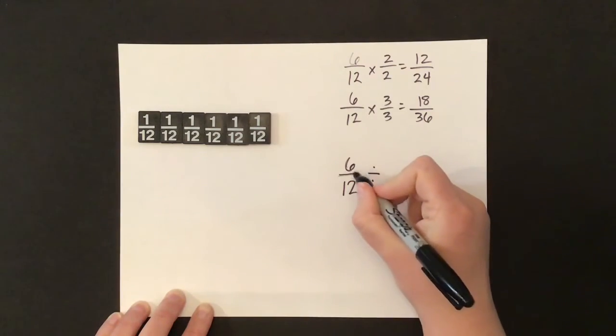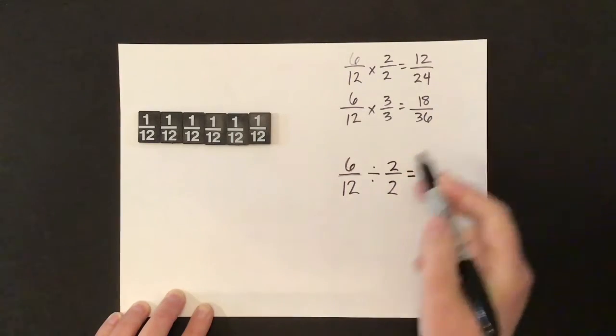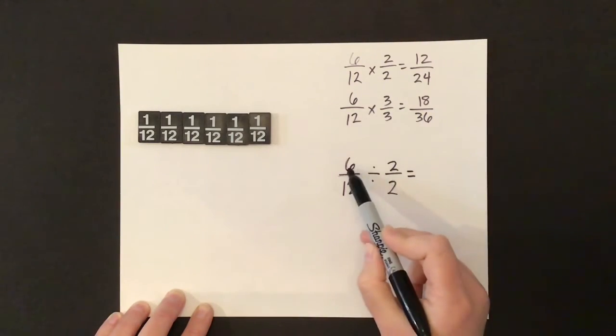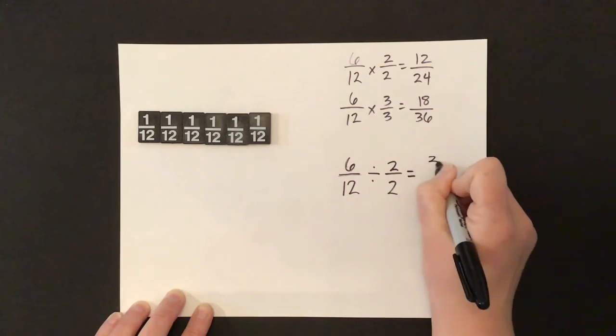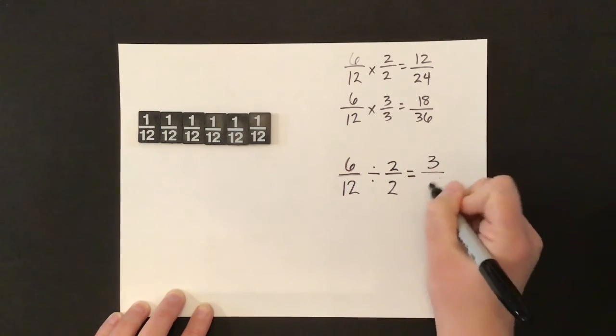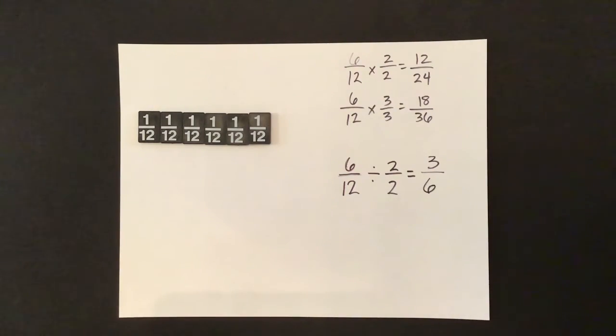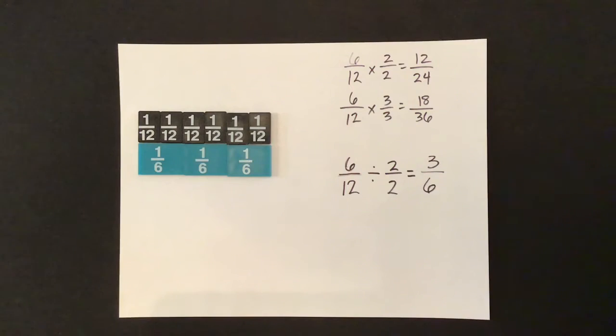I could do 6/12 divided by 2/2, and I'll divide the numerators. 6 divided by 2 is 3, and 12 divided by 2 is 6. I get 3/6. And our fraction bars show that it works. 6/12 is equivalent to 3/6.